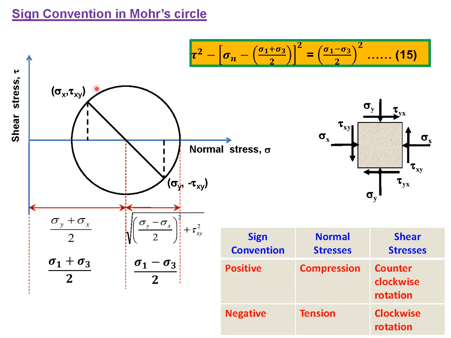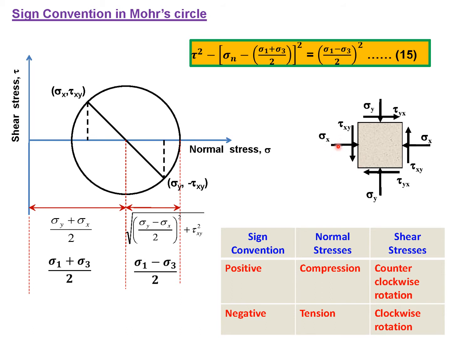Now look at this. This is a Mohr circle. This is the axis meant for the normal stress sigma, and this is the axis meant for the shear stress tau. To plot the Mohr circle, what to do? First of all, mark this point. You get this point from sigma x and tau xy.